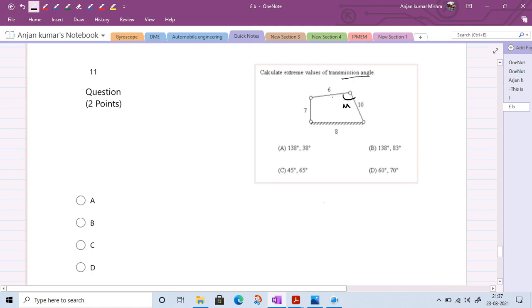The maximum length is equal to 10. So 6 plus 10 should be smaller than or equal to 7 plus 8. But this is not happening, because 10 plus 6, that is 16, is greater than 7 plus 8, that is equal to 15.